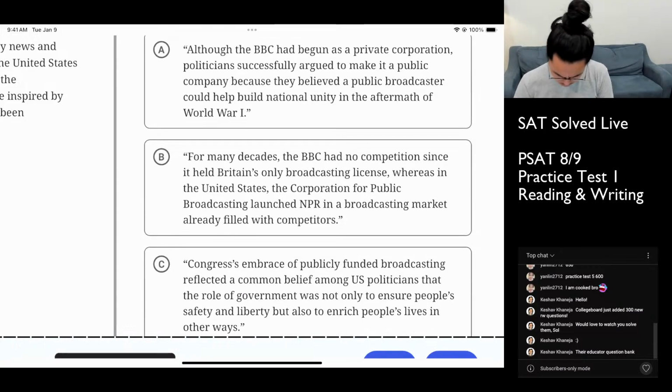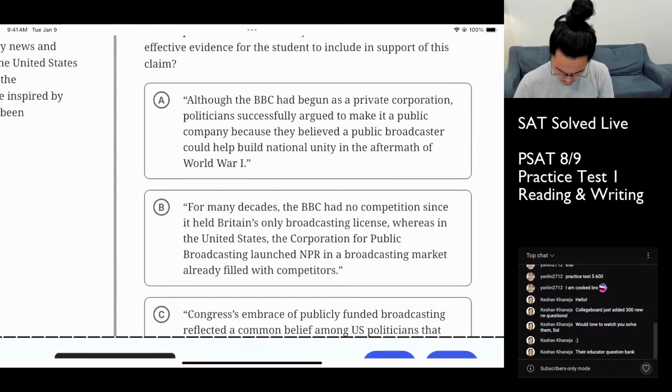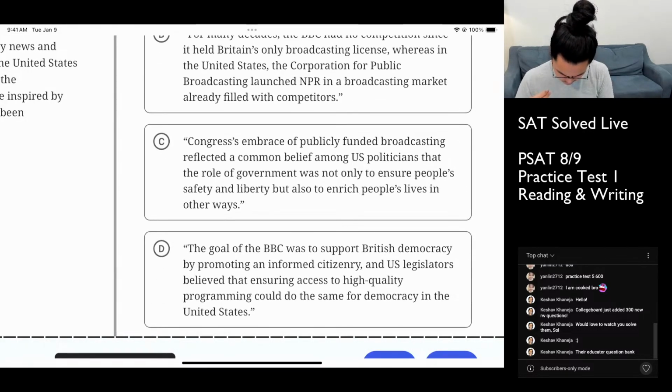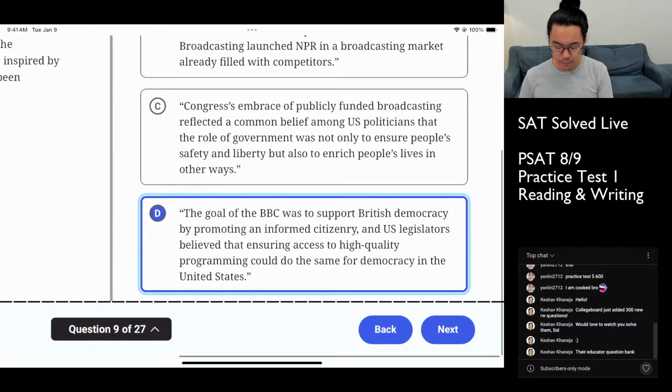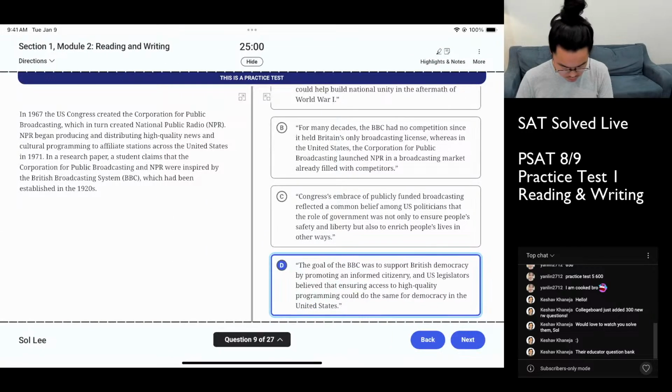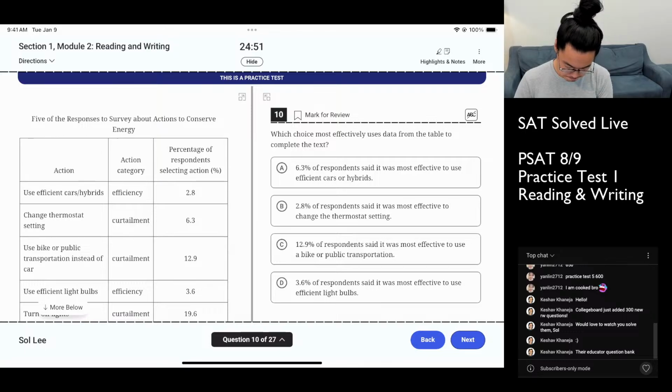Nope. B. For many decades, BBC had no competition. Nope. A. What? D. And U.S. There we go. The goal of the BBC was to support and U.S. believed that insurance could do the same. I see. Could do the same. Ooh, that was a little bit roundabout. I was not expecting that much of a roundabout answer, but that does establish the inspiration. It could do the same is the part that's the inspiration.